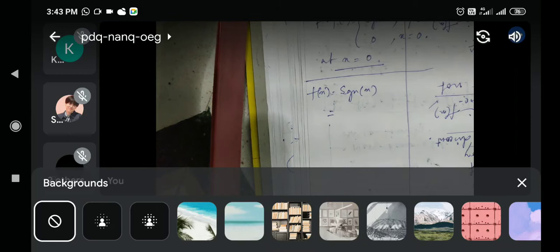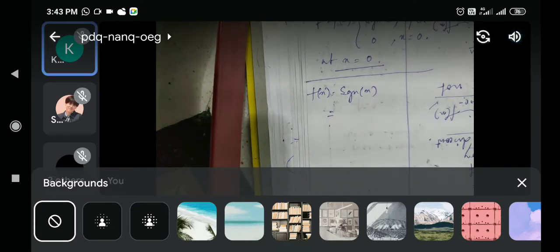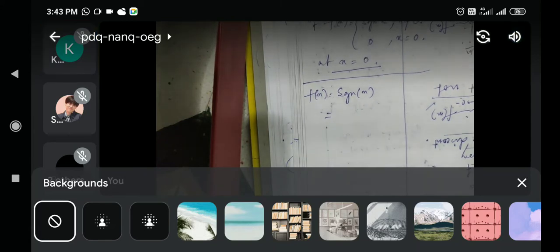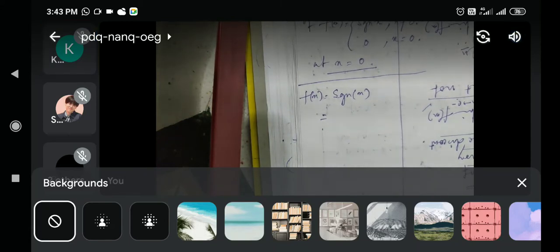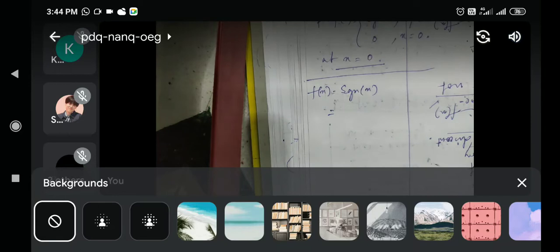It is x by mod of x when x not equal to 0, and 0 when x equal to 0.